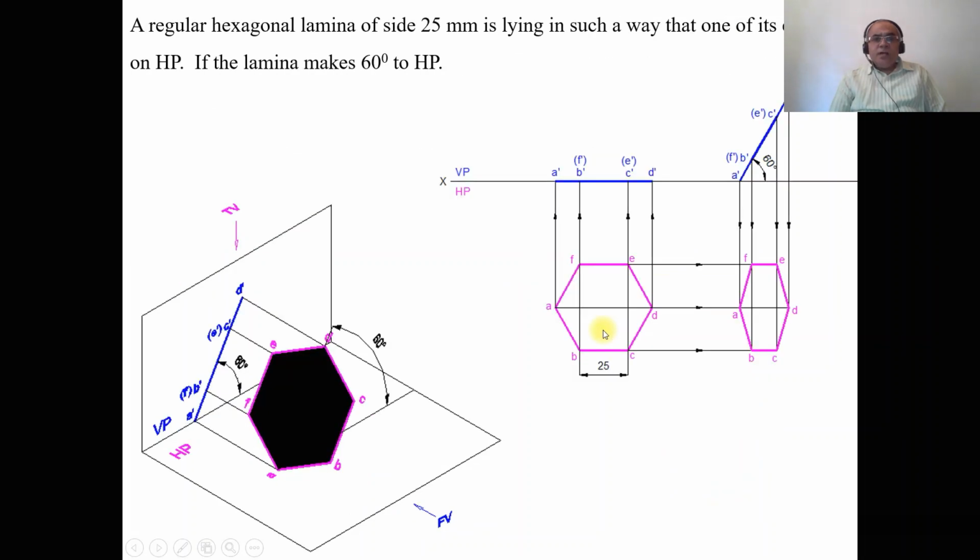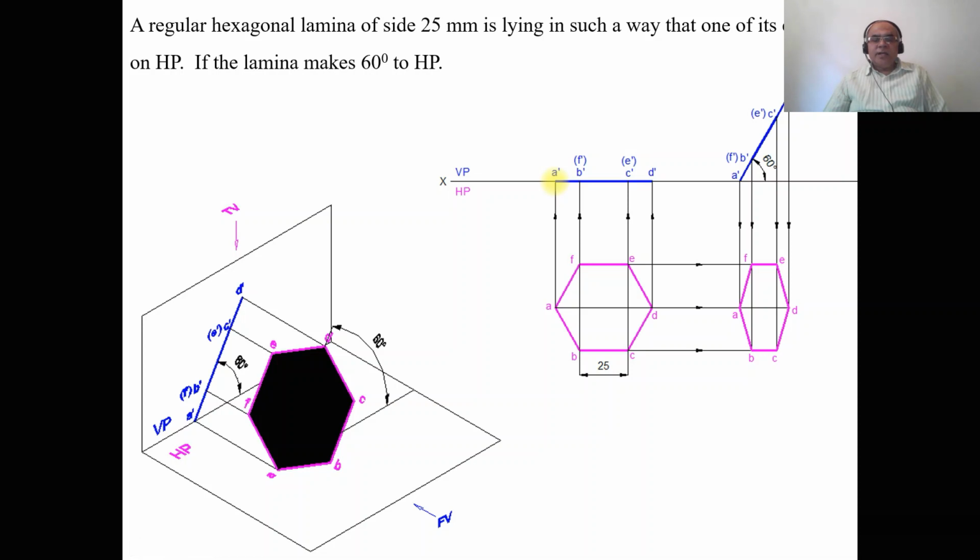Now, the next position: in such a way that one of its corners is on HP. You can see here, one of the corners is resting on the horizontal plane and the surface makes an angle of 60 degrees with respect to HP. Since the surface is perpendicular to VP, you are getting a line in the vertical plane. You can see here also one of the corners is on HP.